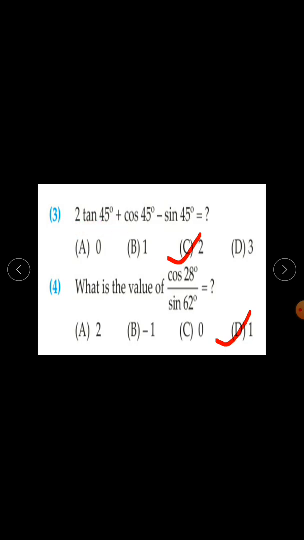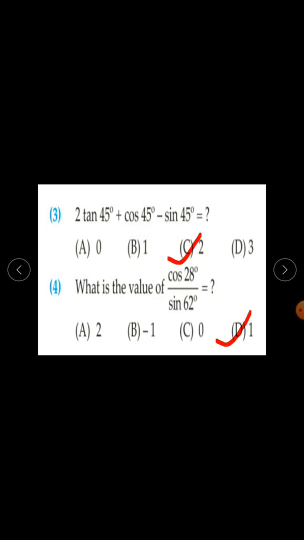Students, 2 tan 45 degree means 2 into tan 45 degree, and tan 45 degree is 1. The value of tan 45 degree is 1, means 2 into 1, plus cos 45 degree, the value of cos 45 degree is 1 upon root 2. So plus 1 upon root 2 minus, and the value of sin 45 degree is also 1 upon root 2.